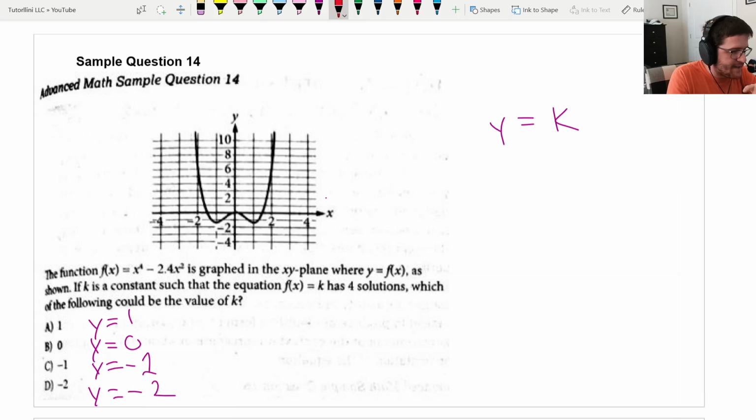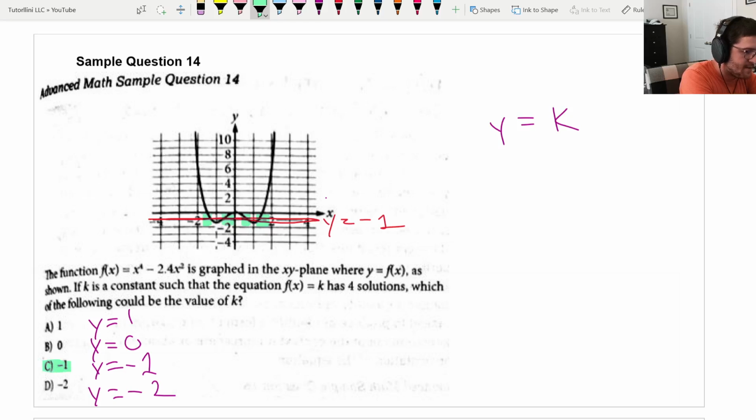But I think the only one where it's going to touch it 4 times is -1. Watch. So that's y equals -1. And you see how I got 1, 2, 3, 4.